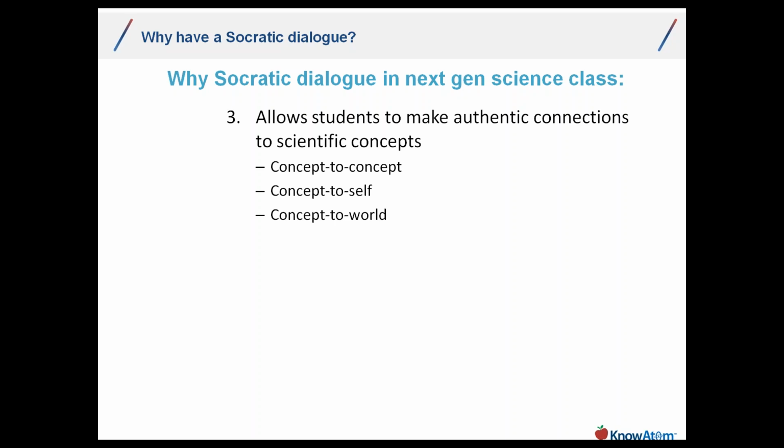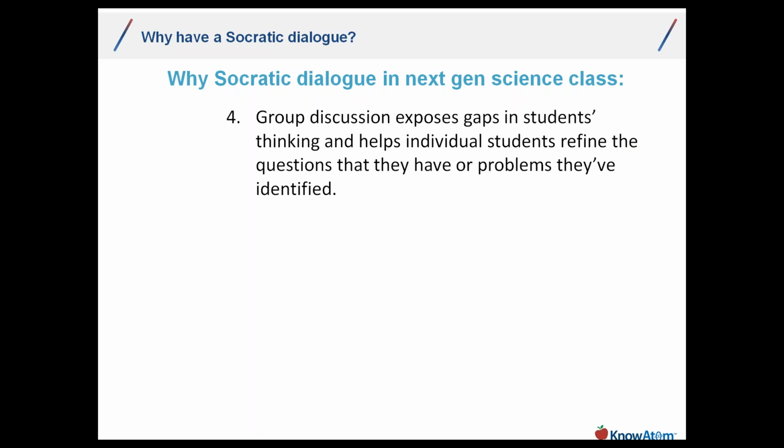Maybe there's a connection here. Maybe there's a connection to my own life. Maybe this connects to the world around us or somebody's world that I can think of. And so these are all very key.